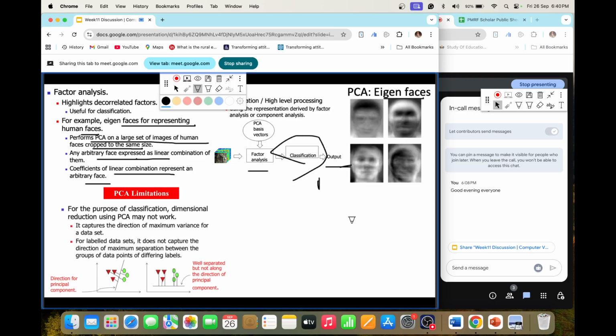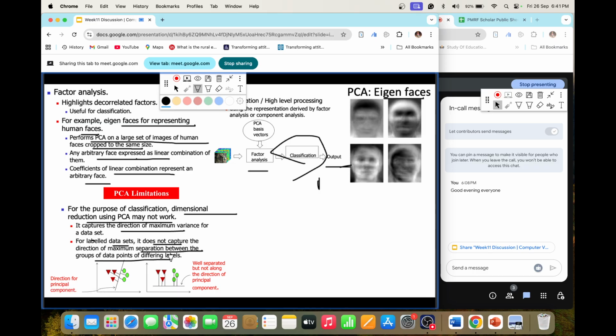So what are the limitations of PCA? Now PCA has some limitation, particularly regarding classification. For the purpose of classification, dimensionality reduction using PCA may not work. It captures the direction of maximum variance for a dataset. For a labeled dataset, it does not capture the direction of maximum separation between the groups of data points of different labels.